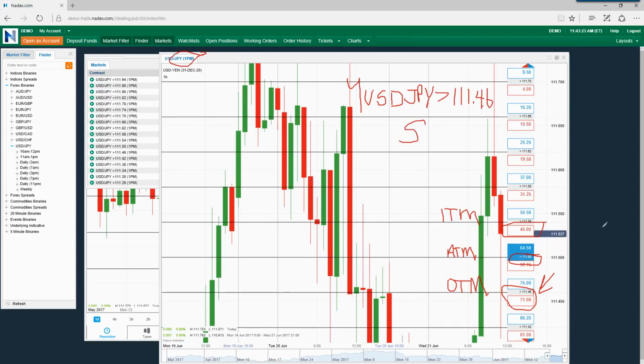Does everybody understand that? That's what makes it a binary. It's only two choices. It's either yes or no, buy or sell. But it has to do it by 1 p.m. because that's your expiration time.